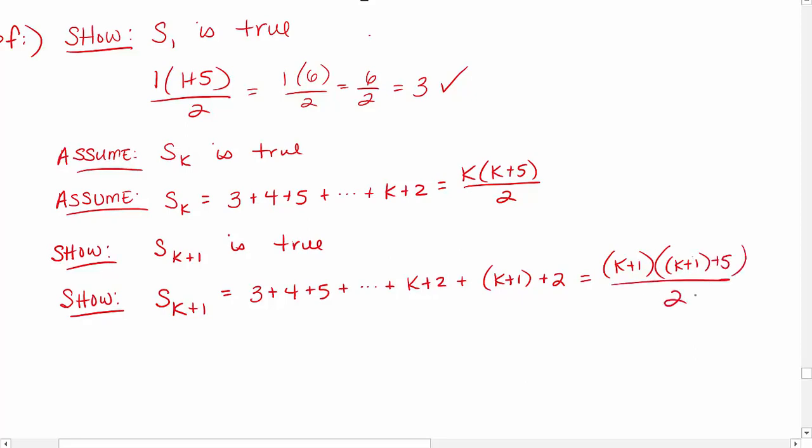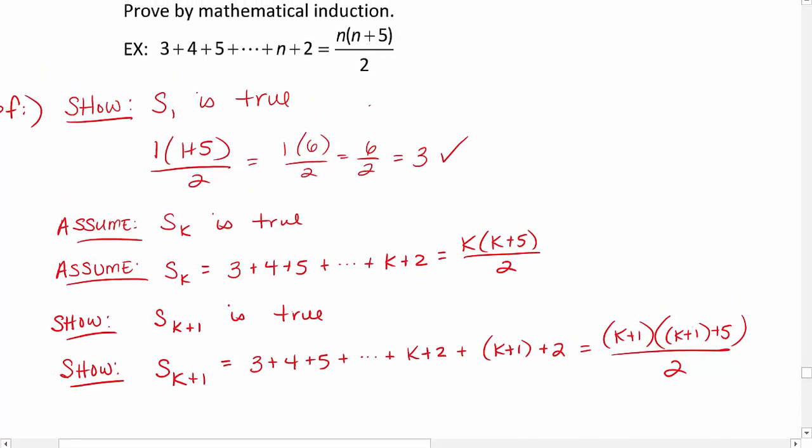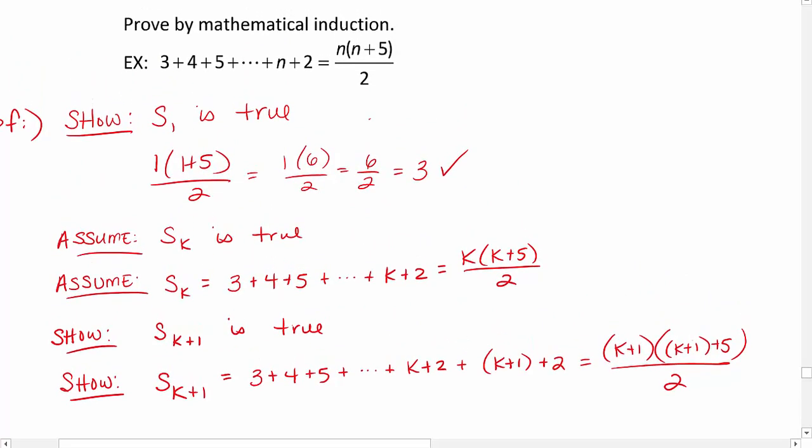So basically, I went back to my first line up here, my given, and I replaced all the n's with k plus 1. Now, the only difference is I have this additional term, this k plus 2 term, and that's just the term before the k plus 1 term. That's our kth term.